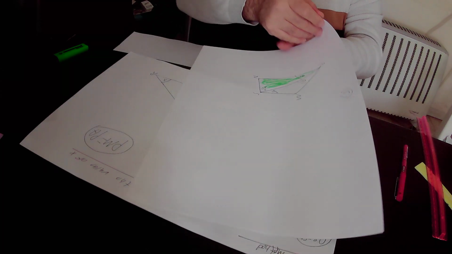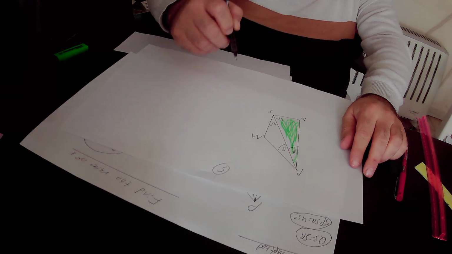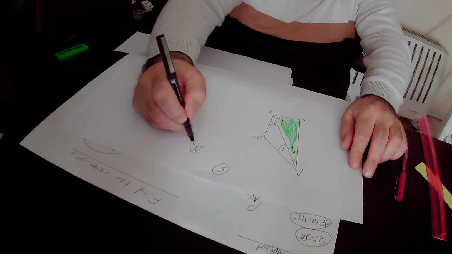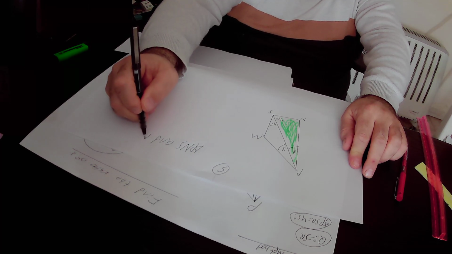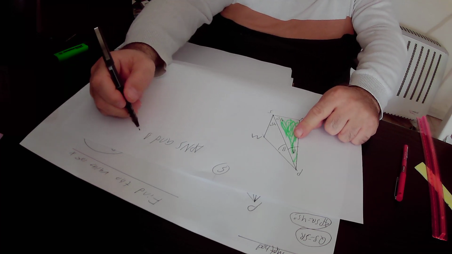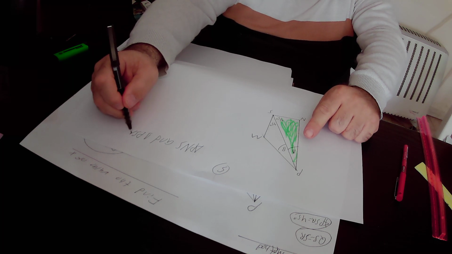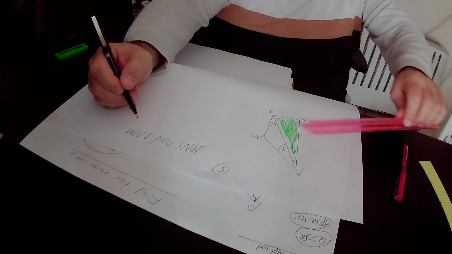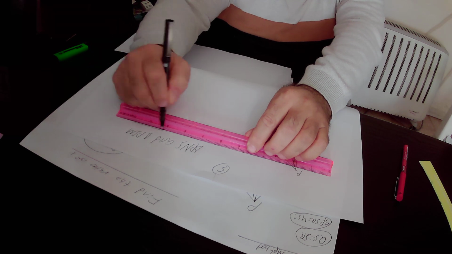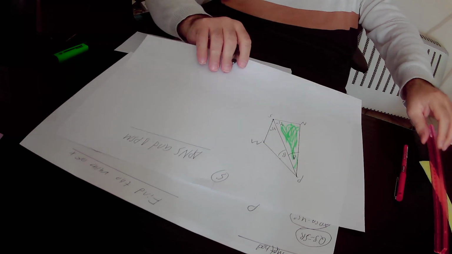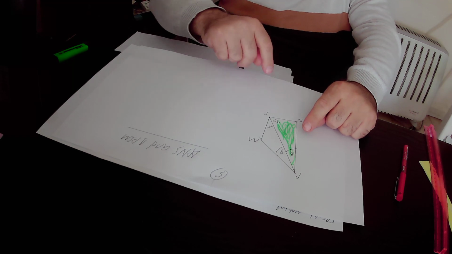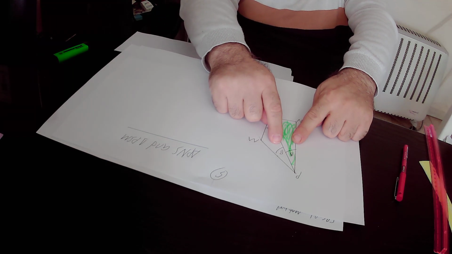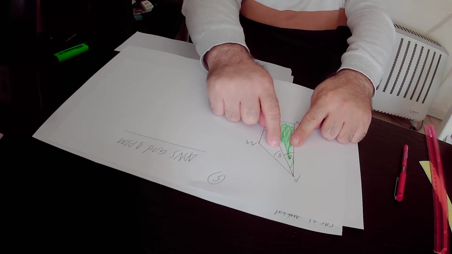We will prove that the green triangle PNS is congruent to the white triangle PSM. Why are they congruent to each other? First of all, we have those two angles that are equal to each other, they are both equal to beta.